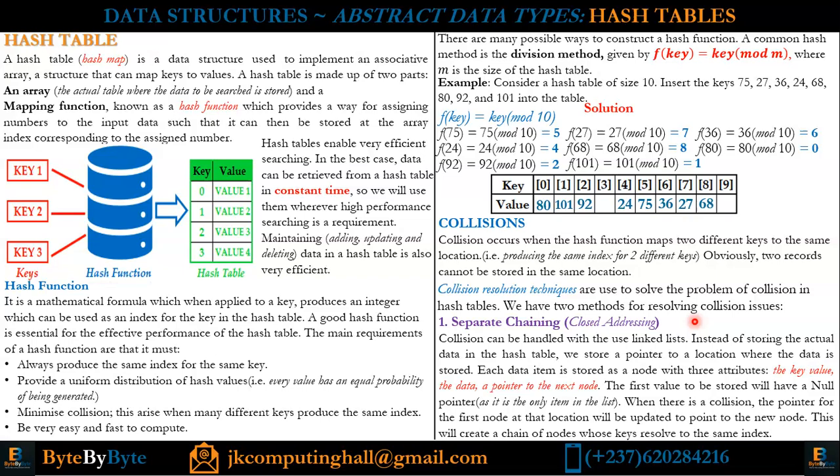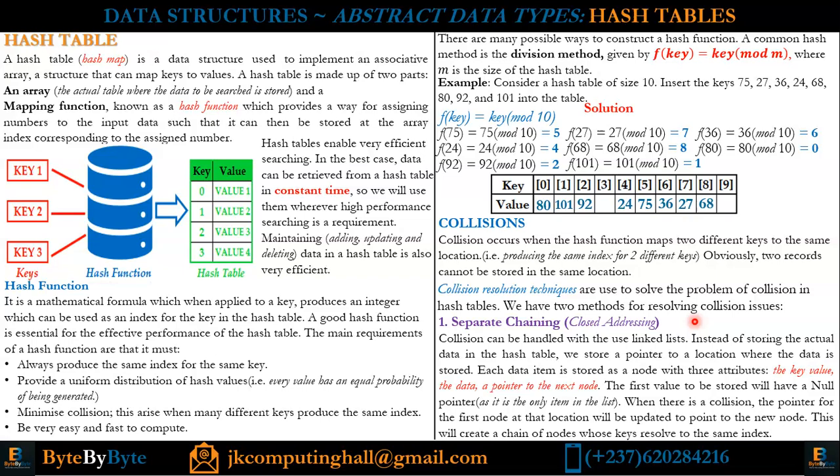The first value to be stored will have a null pointer as it is the only item in the list. When there is a collision, the pointer for the first node at that location will be updated to point to the new node. So when we have one item at a particular location, its pointer is null because it's the only one there.